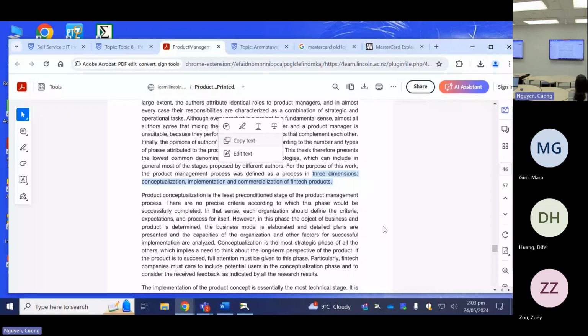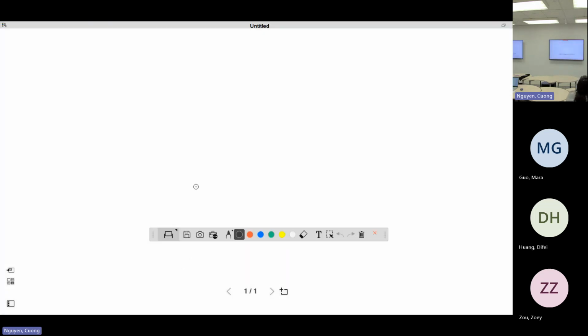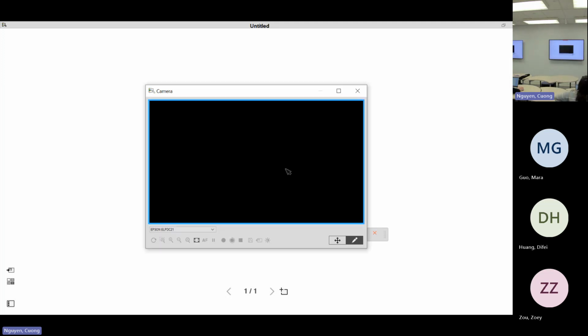Now, in order to amplify a current fintech product, the first thing we want to do is to apply user-centric design optimization.